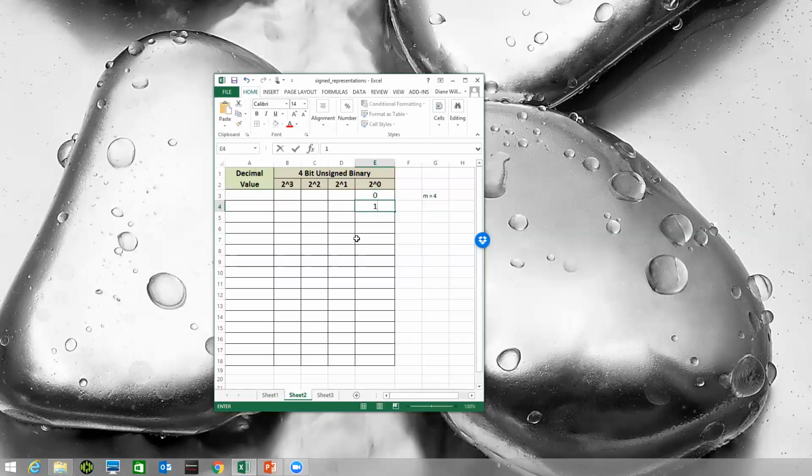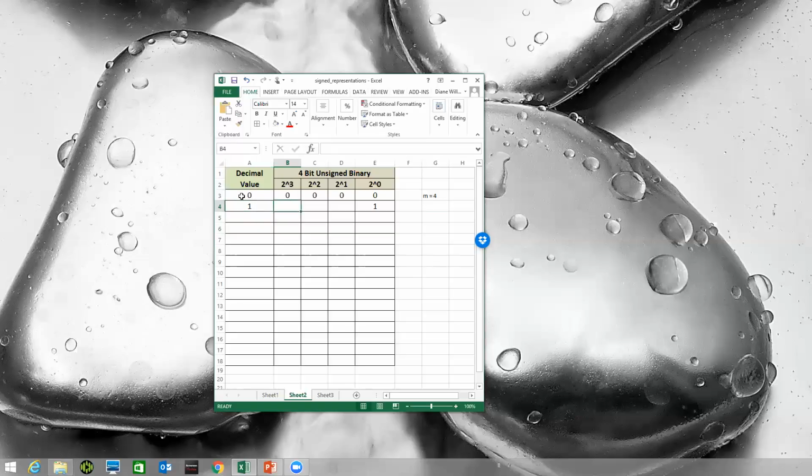Let me fill this in line by line. If we start counting 0, 0, 0, 0, here's our first pattern. So we start with all zeros. And if we give this meaning in the base 10 number system, this is the number 0.